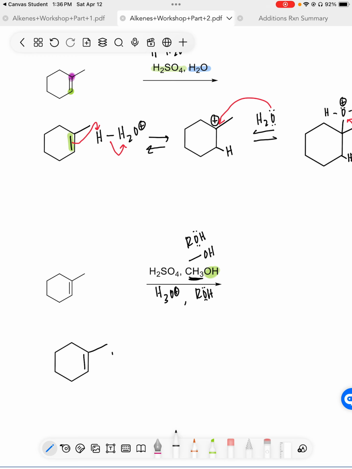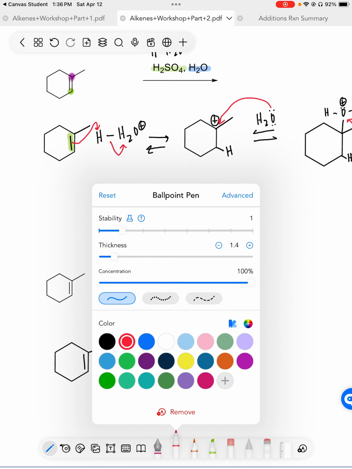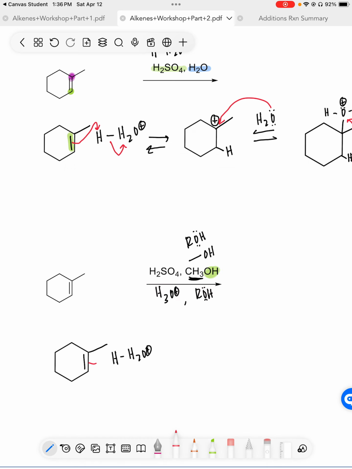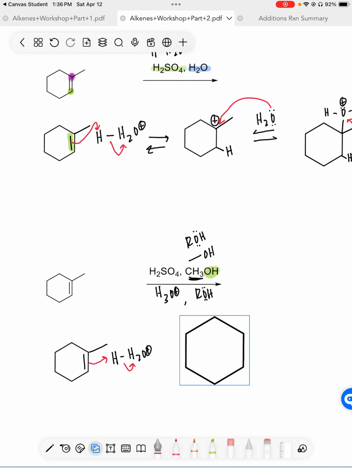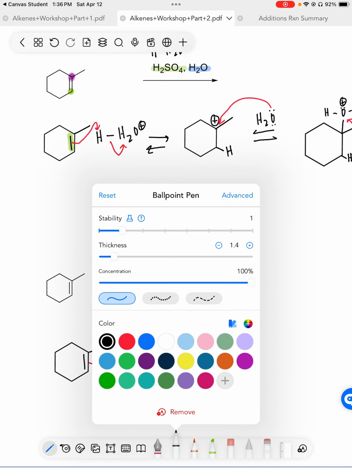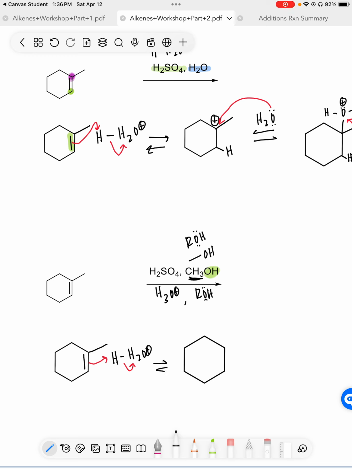So, okay, the first thing that we want to do is to protonate our alkene carbon and create our carbocation. So our pi electrons are going to attack the H, and the H-X bond is going to break off. And we will get that H bonded here. We made our carbocation.